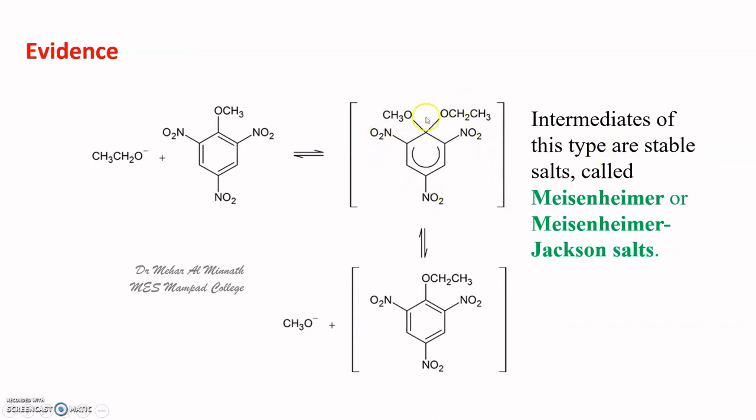This intermediate could be isolated, wherein both the leaving group, the methoxy group, and the incoming group, the ethoxy group, are present. So this is the evidence for the SNAr mechanism, that a carbanion is involved and both leaving group and nucleophile are present. That is, it is the addition of the nucleophile and later on removal of the leaving group.